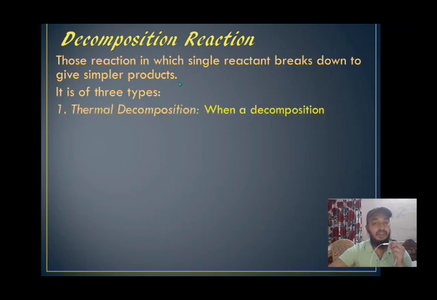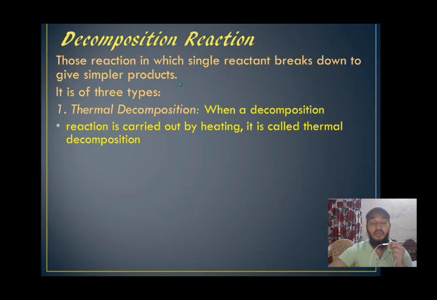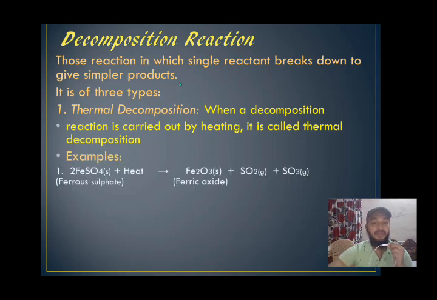Number 1, thermal decomposition. Whenever a decomposition reaction is carried out by heating, it is called thermal decomposition, because we are using heat to carry it out. For example, FeSO4, ferrous sulfate, when heated, gives ferric oxide plus SO2 gas and SO3 gas, sulfur trioxide gas.